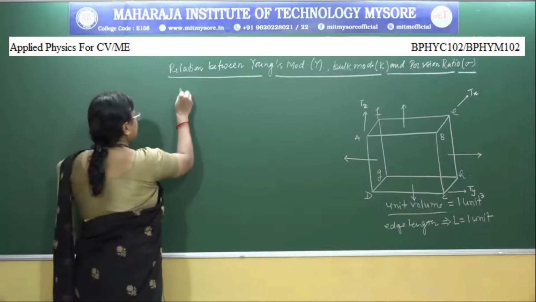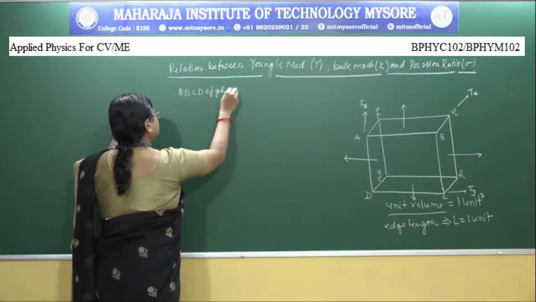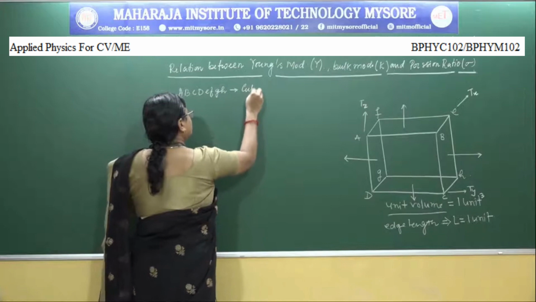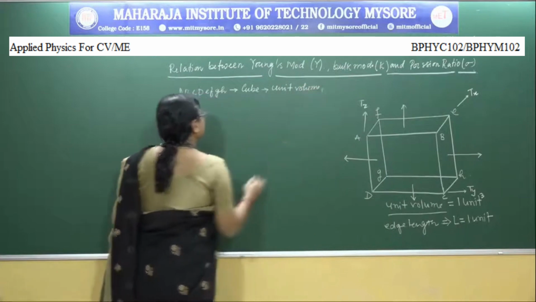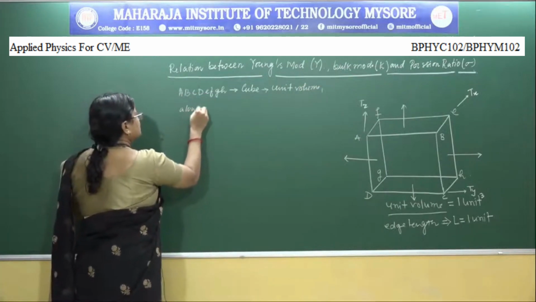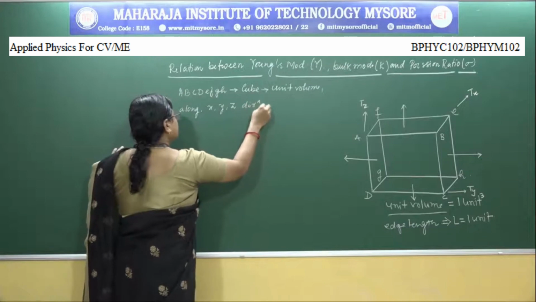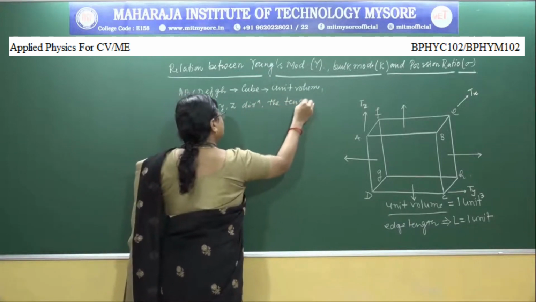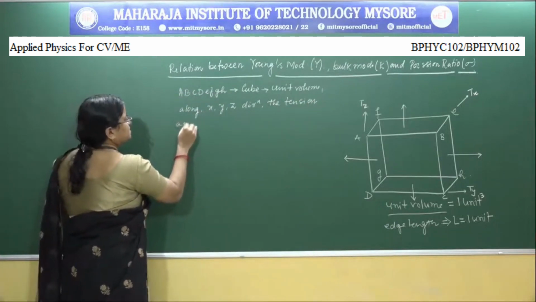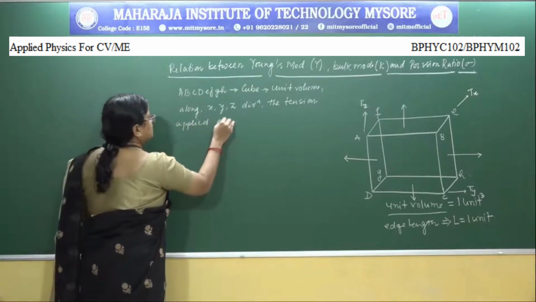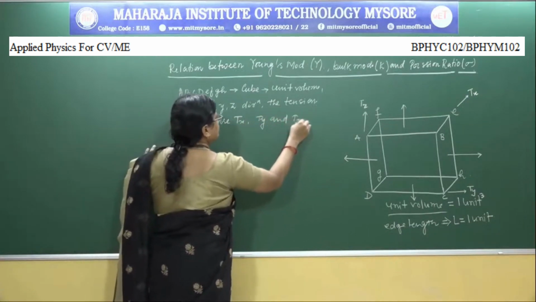So, we have A, B, C, D, E, F, G, H is a cube of unit volume, and along x, y and z direction the tension, means force per unit area, tensions applied are Tx, Ty and Tz respectively.